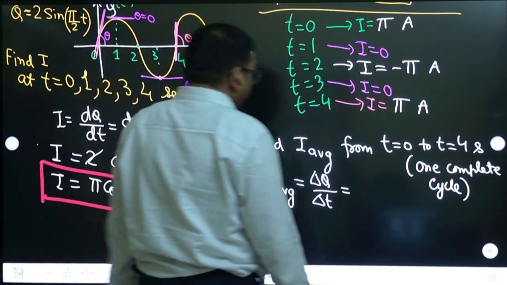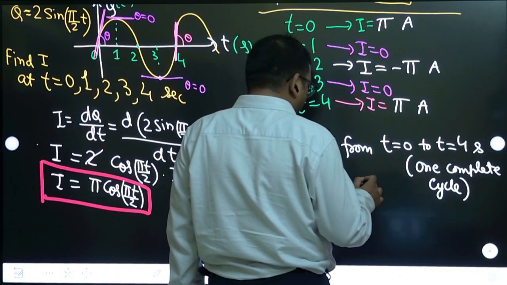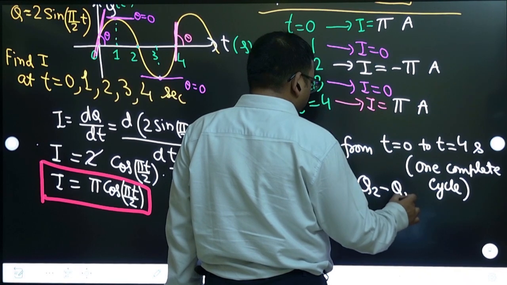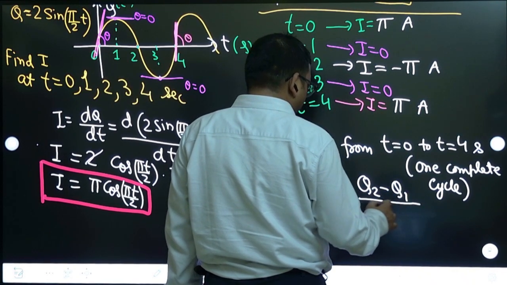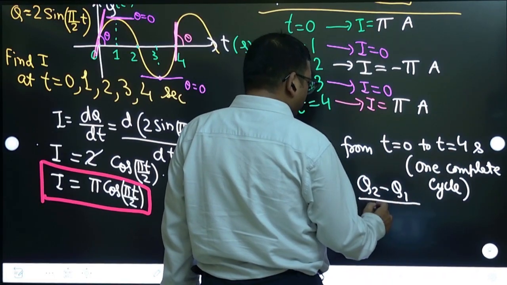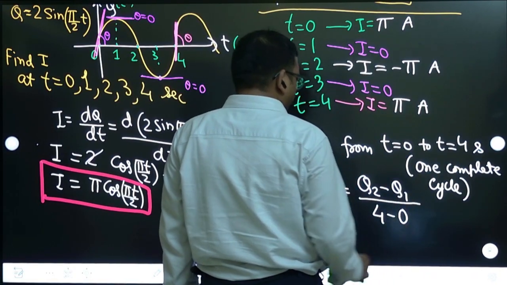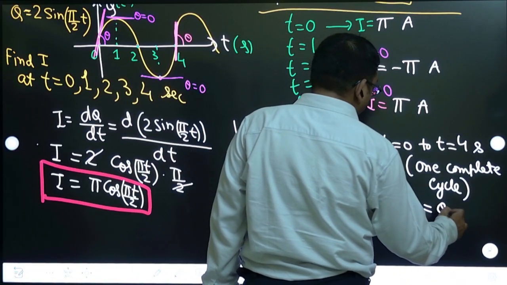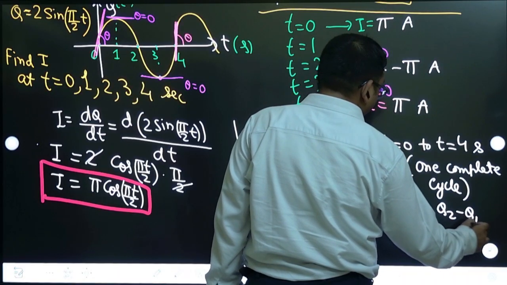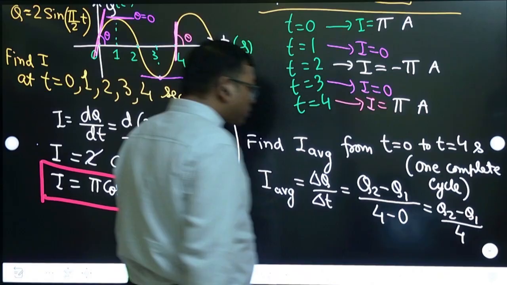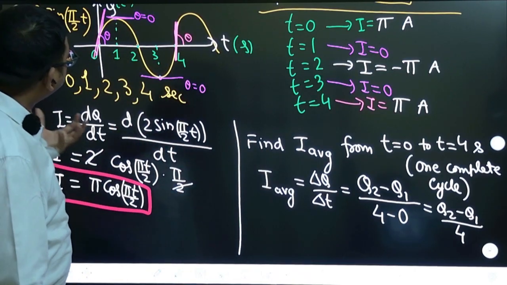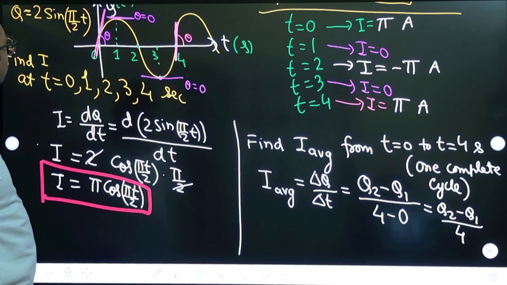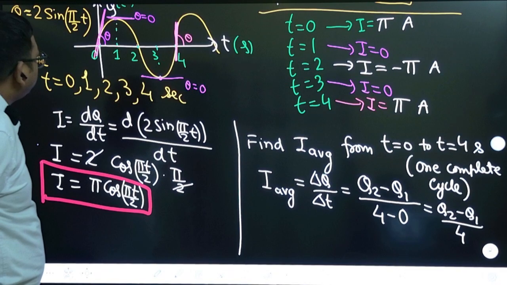So q2 minus q1 by time interval, which is given here as 4 minus 0. So that means q2 minus q1 by 4. q2 minus q1 means how much charge has passed between that interval.